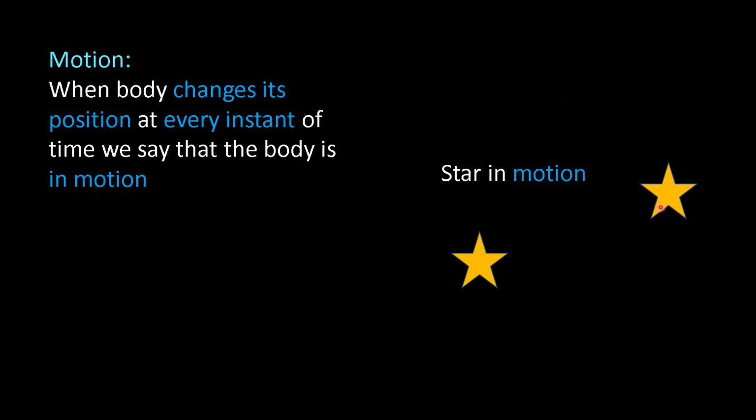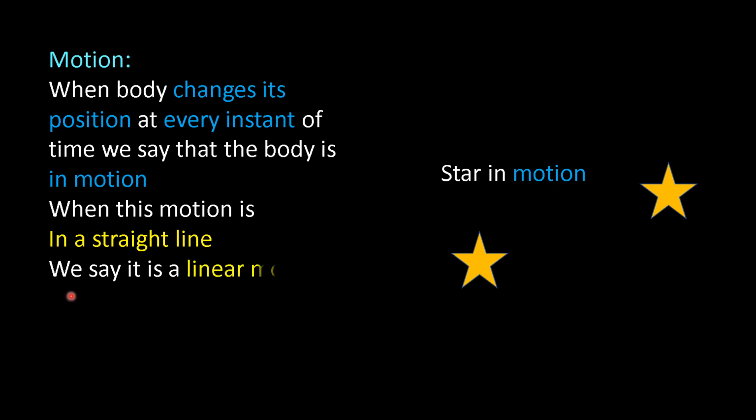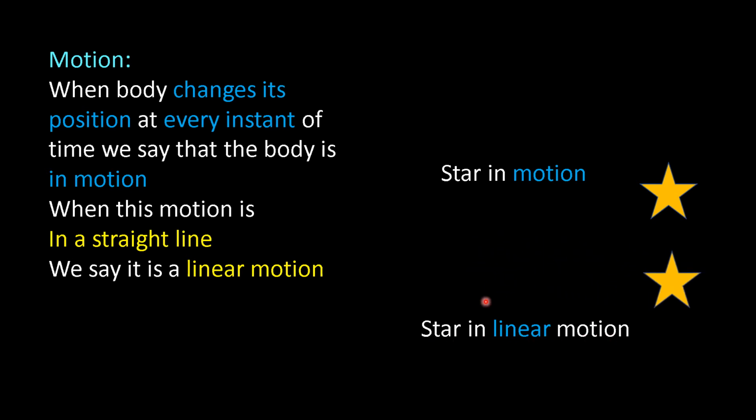You will see that the star changes its position at every instant of time. When this motion is in a straight line, we say that it is a linear motion. The star is shown here in a linear motion because it moves along a straight line.